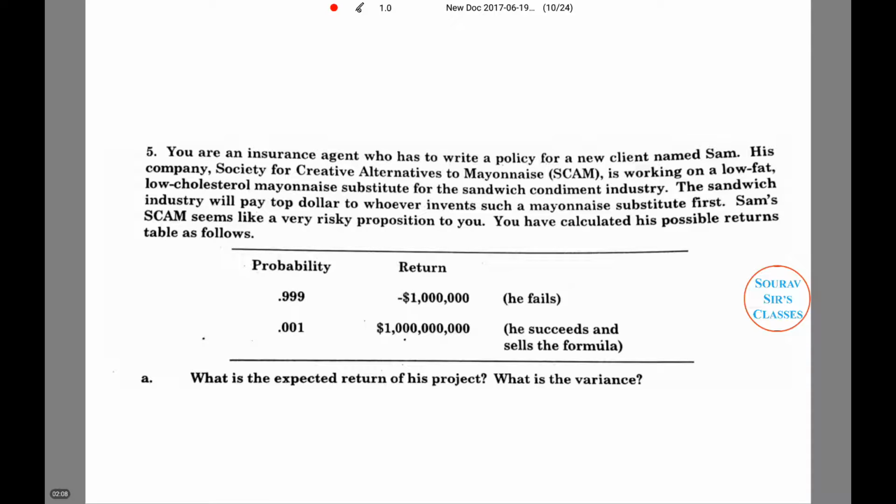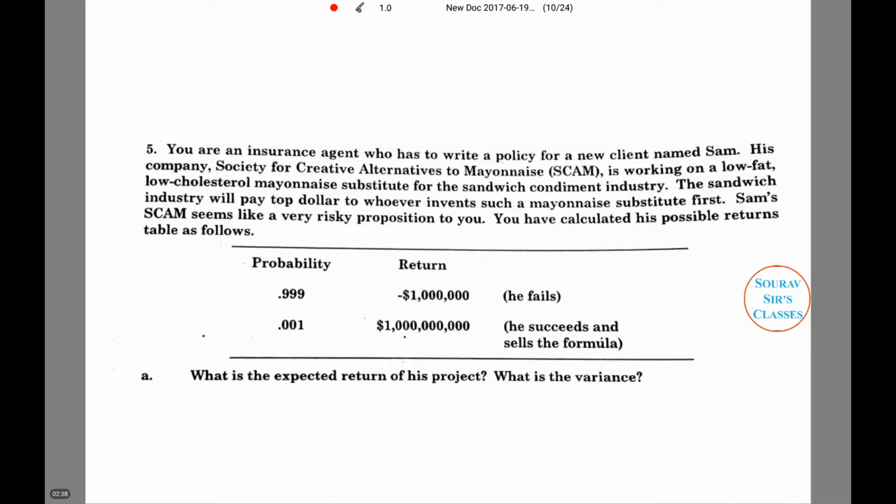You have calculated his possible returns in the table as follows. The probability 0.999 is given a return of minus $1 million, and a probability 0.001, and the expected payout is 1.0 billion if he succeeds and sells the formula.